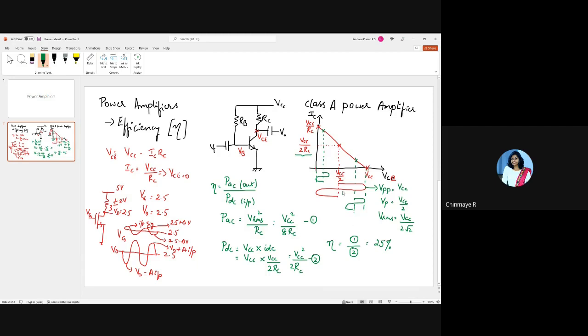For any swing that is less than VCC peak to peak, you always end up getting an efficiency which is much lesser than 25%. That's why class A power amplifier is hardly used.